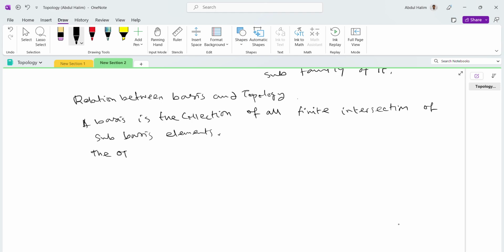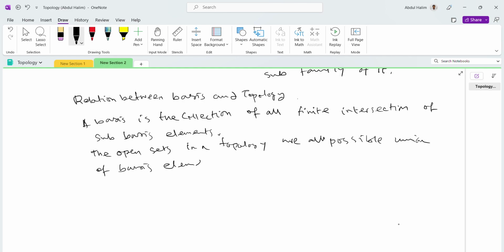We naturally define a basis over open sets. So the open sets in a topology are all possible unions of basis elements.